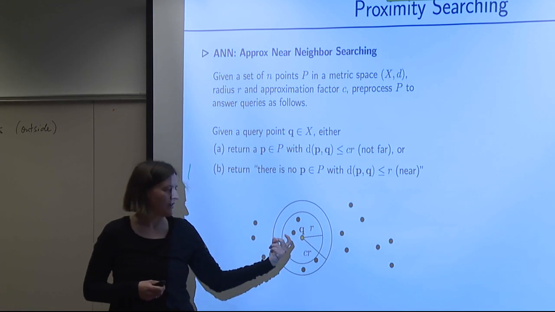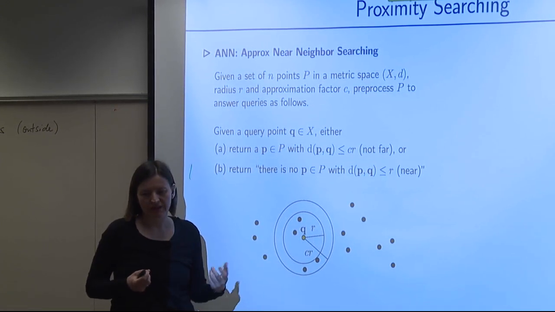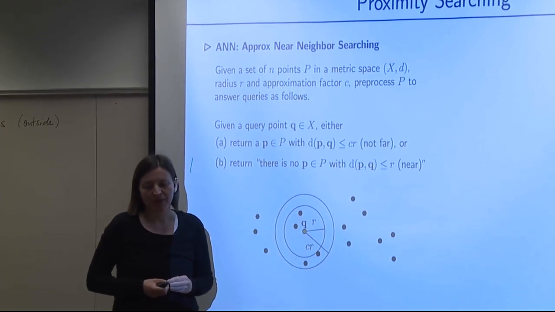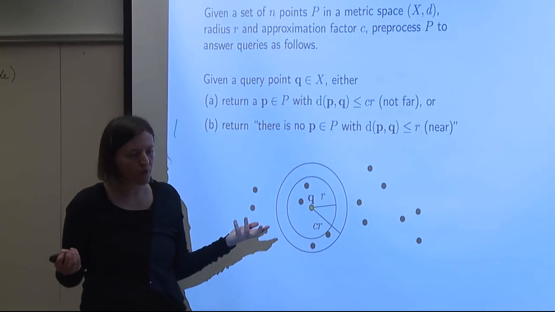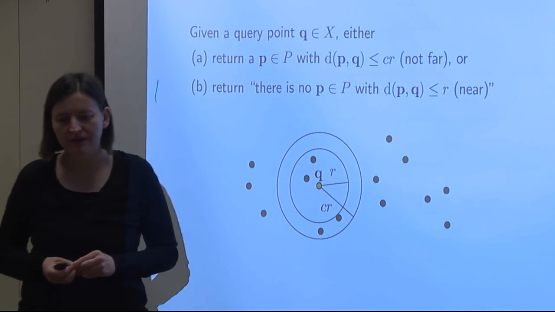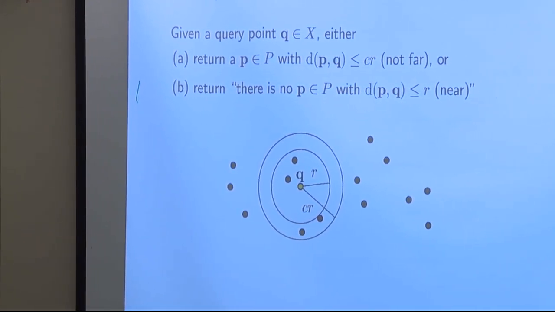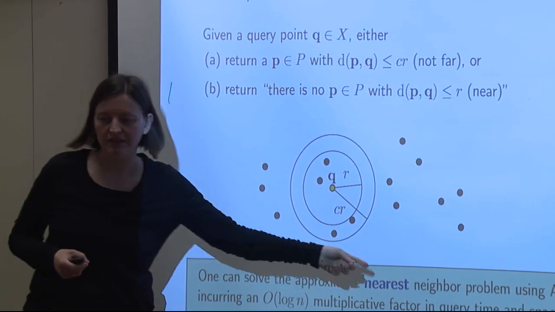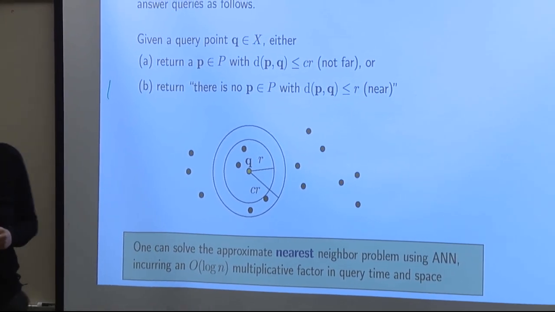You're allowed a little bit of approximation by a factor of c, so you can return a point that lies within distance cr, or you can say there's no point if the radius r ball is empty. If you have a data structure for this problem, then you can also solve the approximate nearest neighbor problem with little extra overhead.